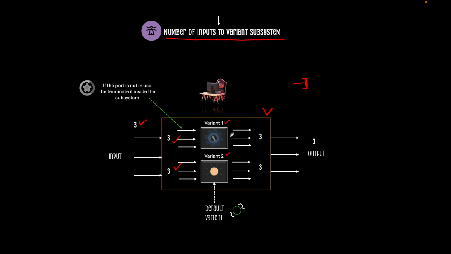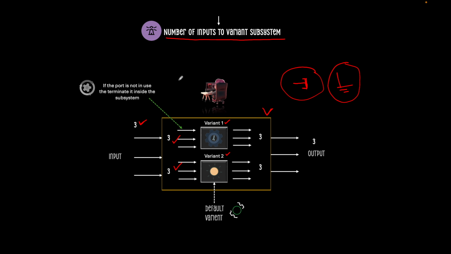When it will not be used, you can use a Terminate block or a Ground block. If it is an electrical system, then a Ground block, or for a mechanical system also you can use a Ground block. It will not be transmitted further, or used further on.